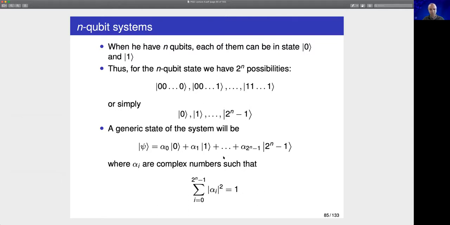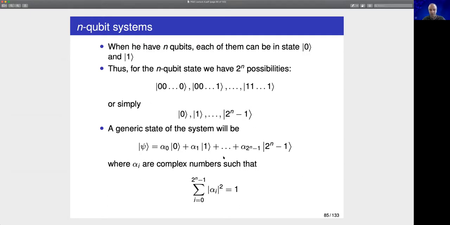Okay, so we have come, in fact, a very far way in the study of quantum information and quantum computing, and we only need to apply these notions that we have already studied for 1 qubit, for 2 qubit systems, to a situation in which we have many qubits. Okay, so now imagine that we have n qubits.